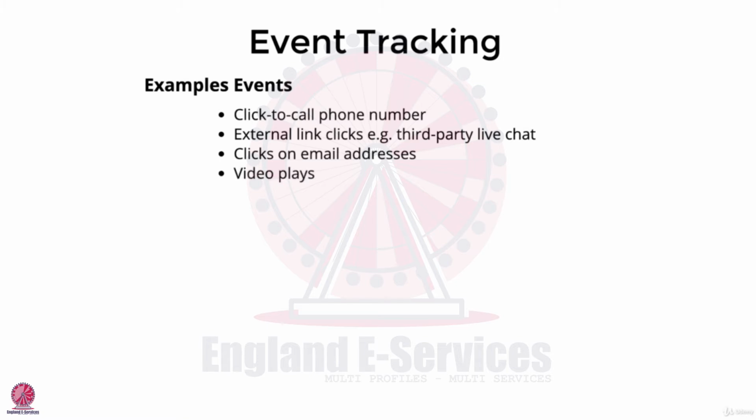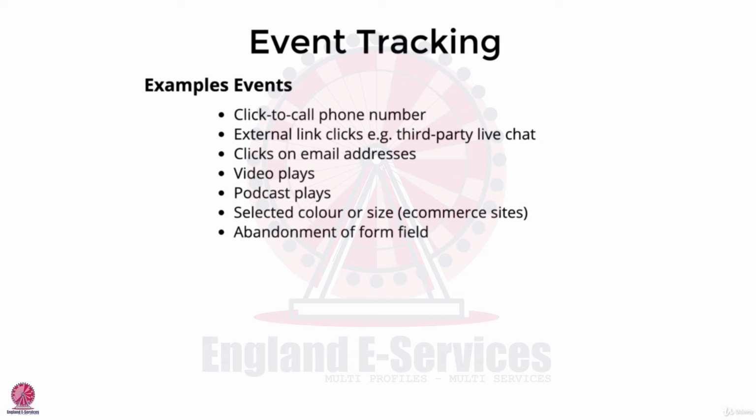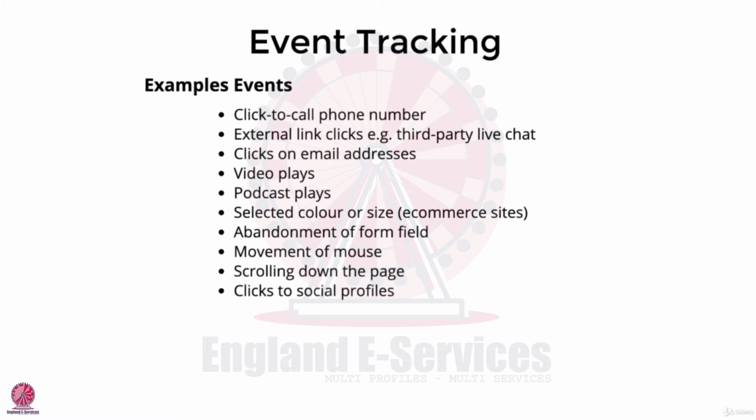Video plays, again, they're not leaving the page, so we can't track that interaction. Same as podcast plays. Same if they select a color or size, we can't track that normally. Abandonment of a form field, movement of a mouse, scrolling down the page, or clicks to social profiles. These are all examples of things you can't normally track with Google Analytics, and that is the big advantage of event tracking.